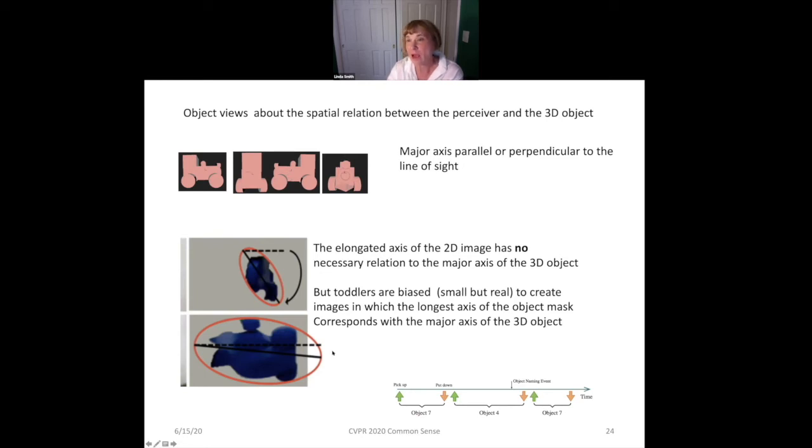That means they're not perfect, but they are giving themselves a frame of reference. If they're biased, that's probably what this rotation in depth business is about. If they're biased to maintain a relationship between the extended axis on the retina and the major axis of the object, that means they have a frame of reference at the 2D level by which to integrate images around that axis.